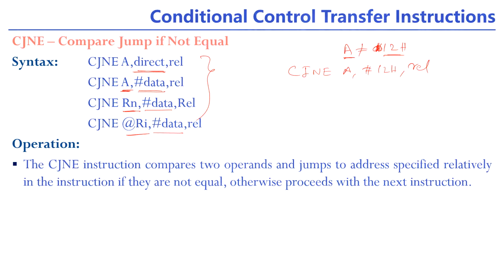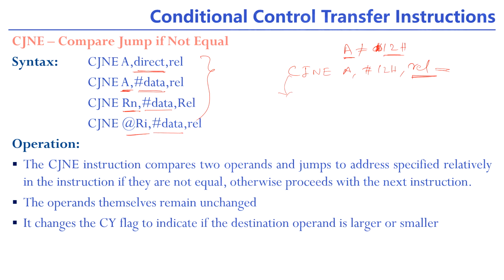When the condition is satisfied, it jumps to the address location. Otherwise, it will simply execute the next instruction. The operands themselves remain unchanged. And it changes the carry flag to indicate whether the destination operand is larger or smaller. Based on this, we can identify whether A is larger than the source operand, less than the source operand, or equal to the source operand. The example is CJNE A, #12H, which we already saw.